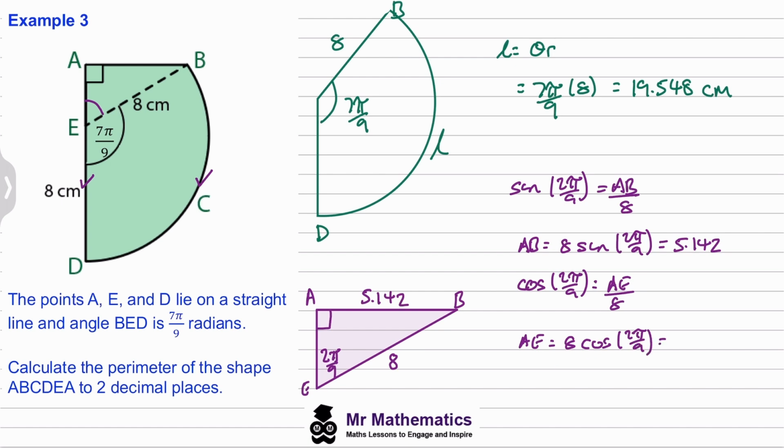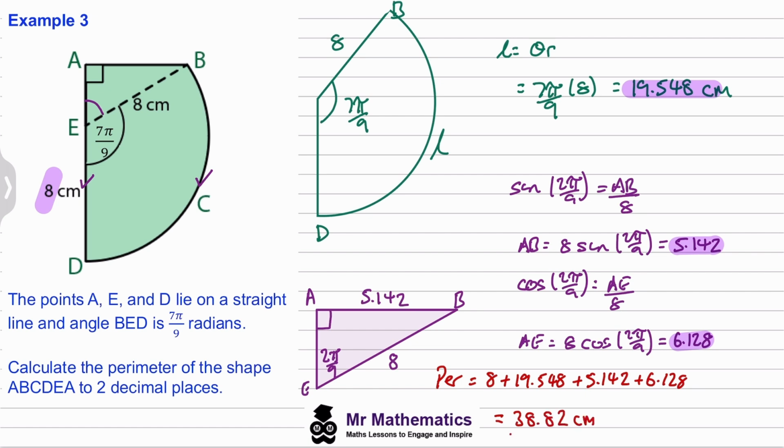And this will give us 6.128. So the total perimeter will add up the 8, the arc length, A to B, and A to E. And to 2 decimal places, this will give us 38.82 centimeters.